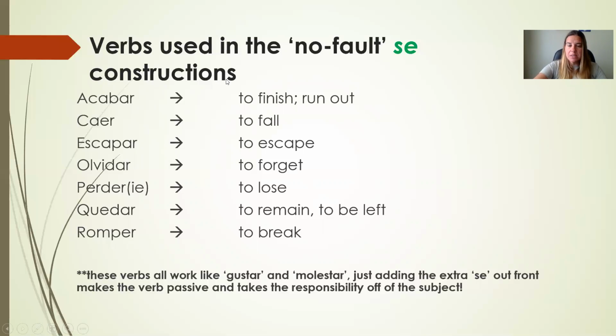So stick with the ones in the book or the ones I'm giving you here. Again, they work like gustar and molestar, because we always put them in the third person singular or plural. So it's always either "acaba" or "acaban," or in the past tense, "acabó," "acabaron." "Cayó," "cayeron." "Escapó," "escaparon." Typically in the past, third person singular or plural.